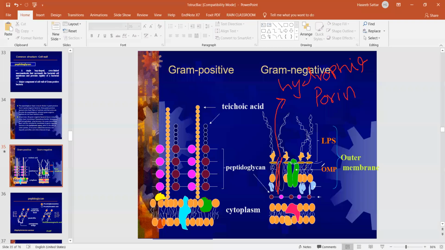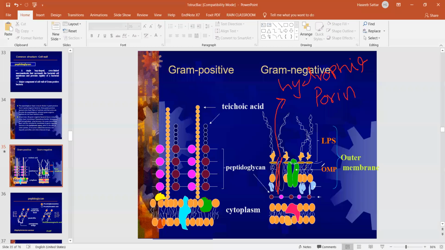So the cell wall of a bacteria is hydrophobic. It means it repels water. That is why the water soluble components cannot cross the membranes. So the outer membrane of a gram negative bacteria has some channels, small holes or pores that are known as porine.